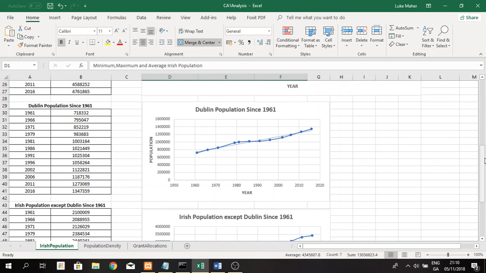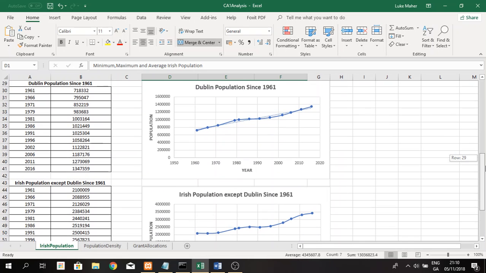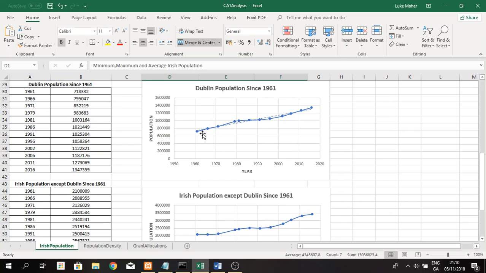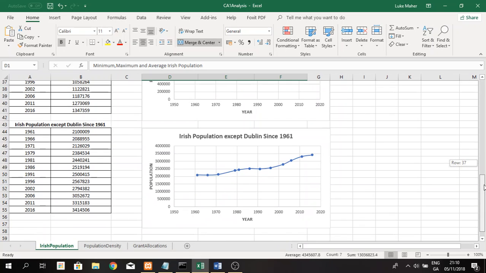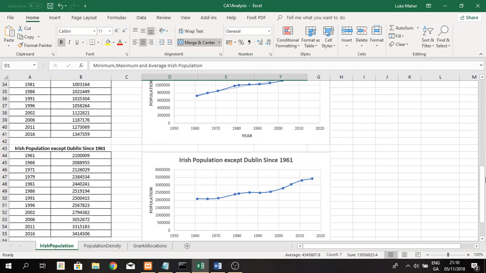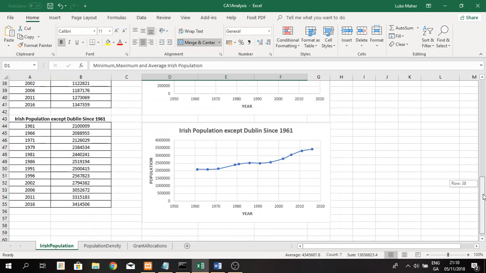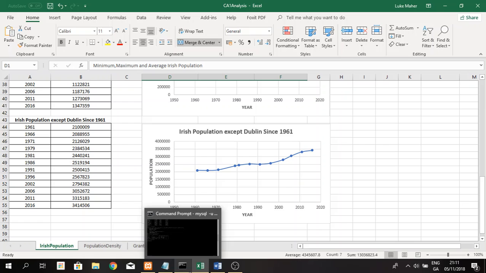And that's what I've done here. You see, it's gone up fairly steadily since 1961, and the Irish population in the rest of the country has been very much the same. So we'll move on to my next question, question 2.